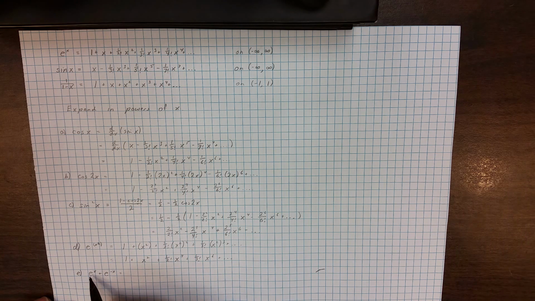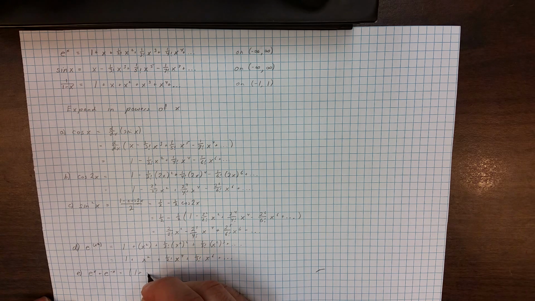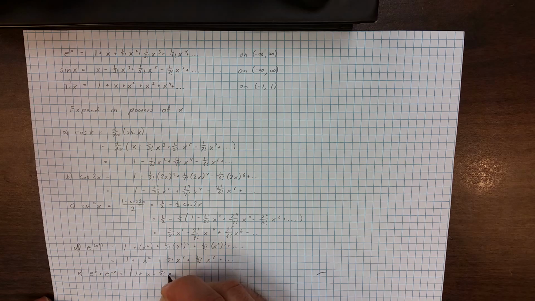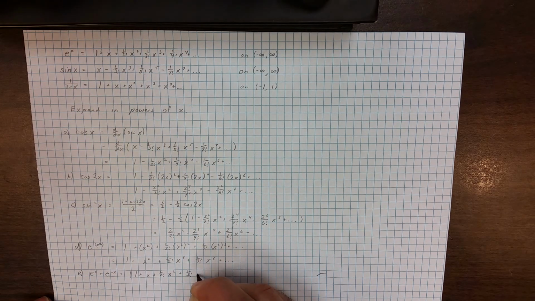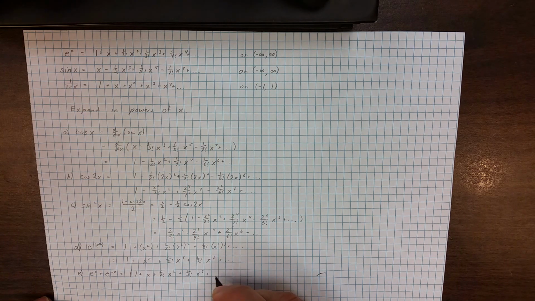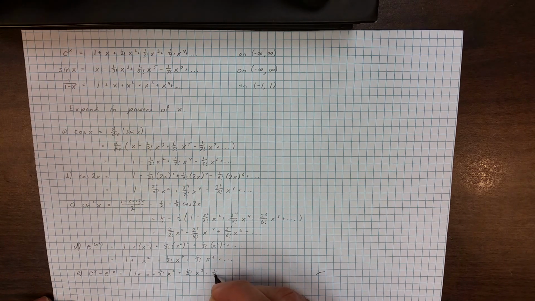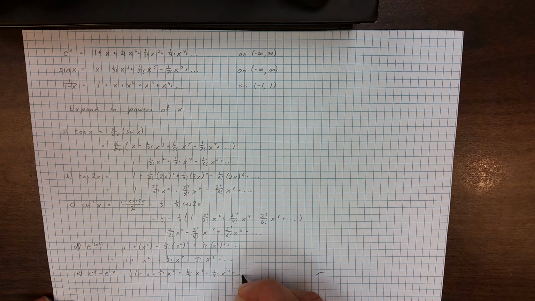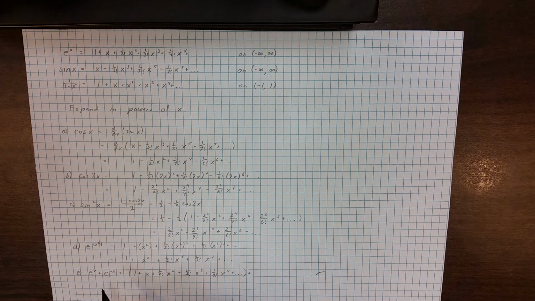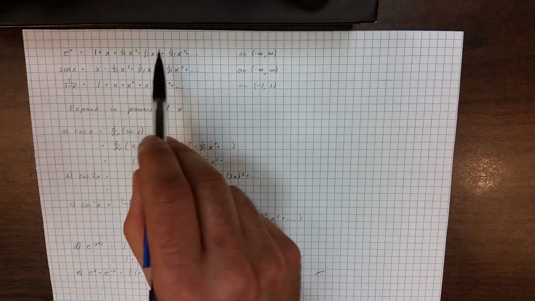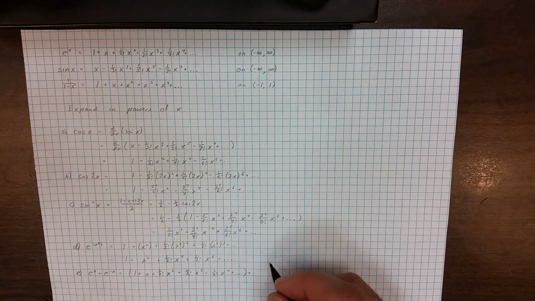So we're going to write the Maclaurin series expansion of e to the x exactly as it is. 1 plus x plus x squared over 2 factorial plus x cubed over 3 factorial plus, we'll put one more term in here, x to the 4th over 4 factorial plus, and so on. And now we're going to add the Maclaurin series expansion of e to the minus x, basically just plugging in a minus x wherever we see an x over here.